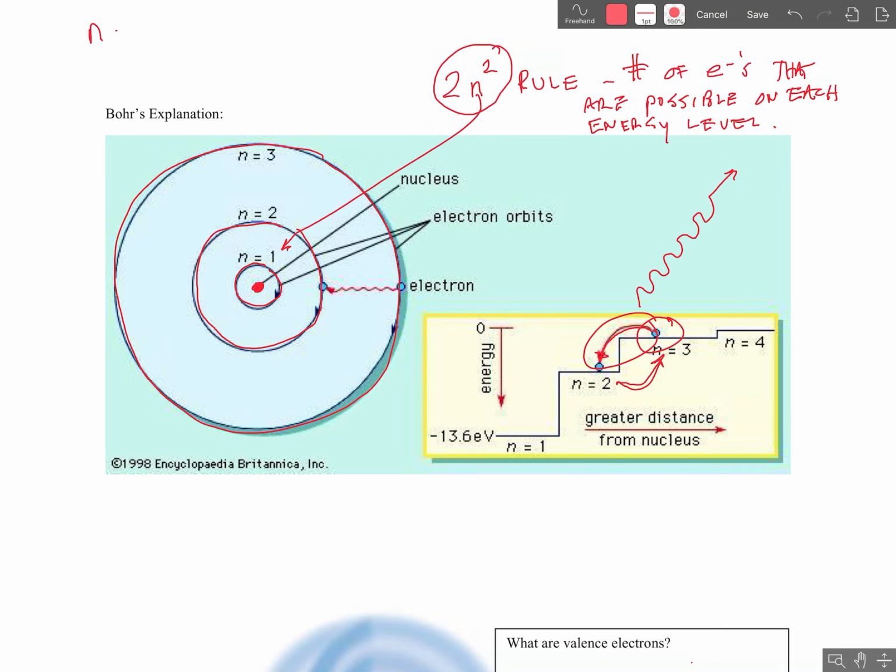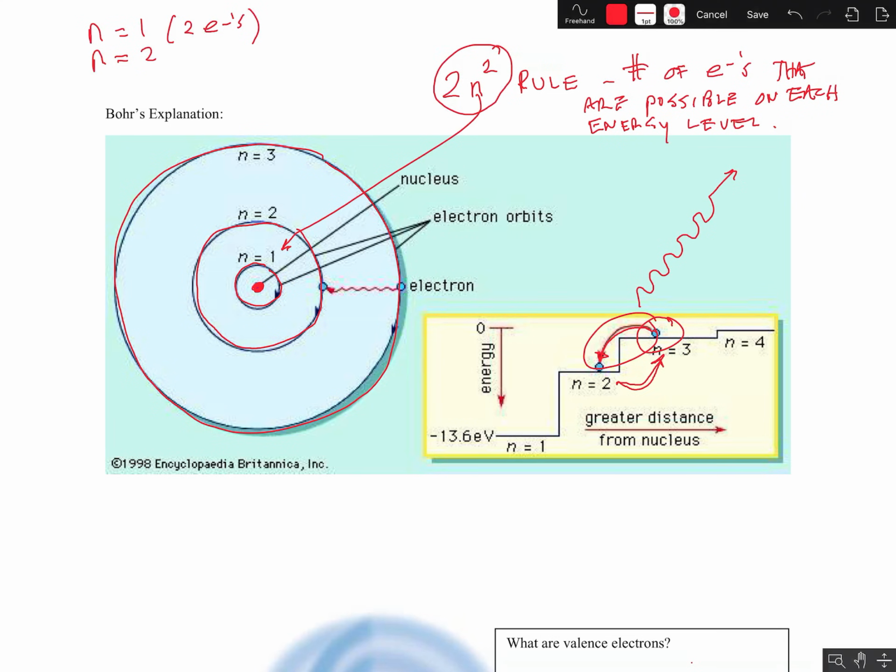So if I'm on the first energy level, the 2n squared rule would tell us that we can hold a certain number of electrons there. N is 1. 1 squared is 1 times 2 means 2 electrons can be held on the first energy level. What about on the second energy level?